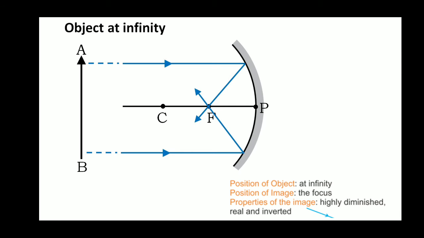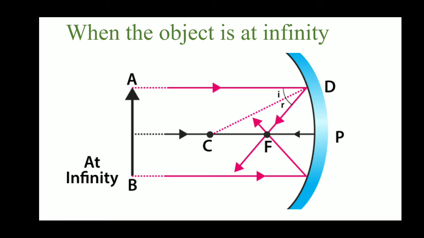And one more thing is, here the image is formed because of actually 2 reflected rays are meeting. Already we studied about how real image and virtual image formation takes place. So here it is a meeting of 2 reflected rays, actual meeting. So this image is a real image, a highly diminished and a real and an inverted image. Inverted image I will show in the next one.